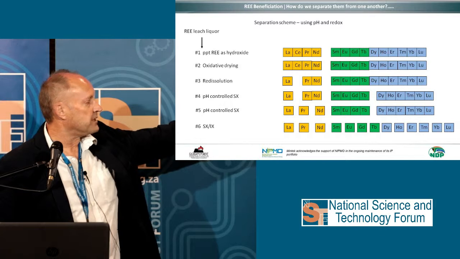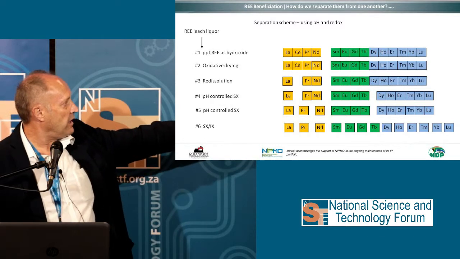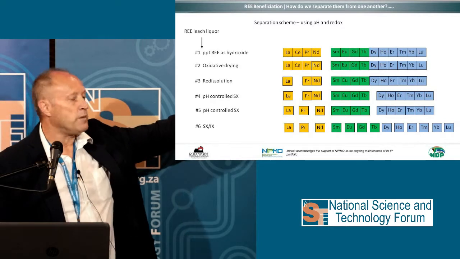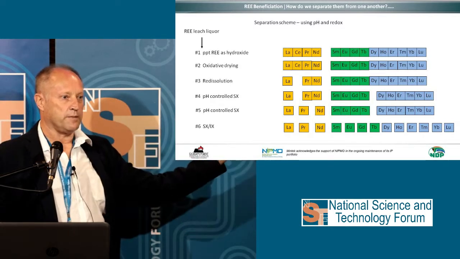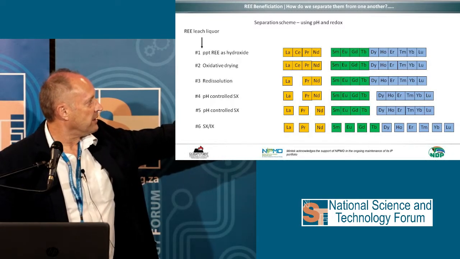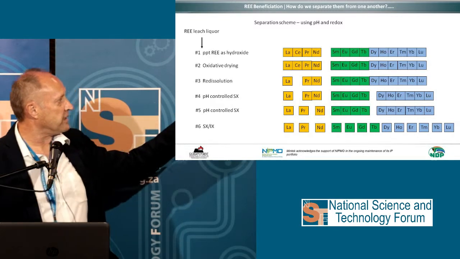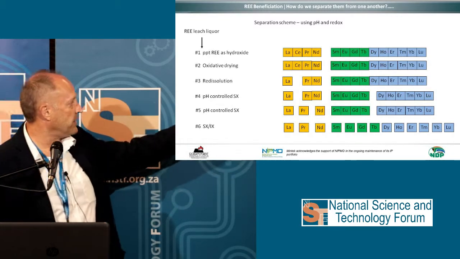So you've got lanthanum sitting by itself now that you can separate relatively simply, and you've got praseodymium and neodymium sitting together. And you can separate the middles up to terbium from dysprosium. So you've got that as your rough separation step.